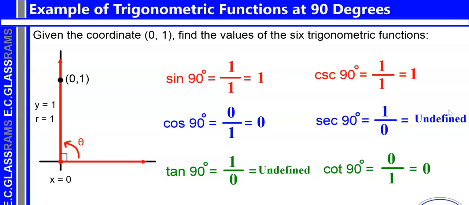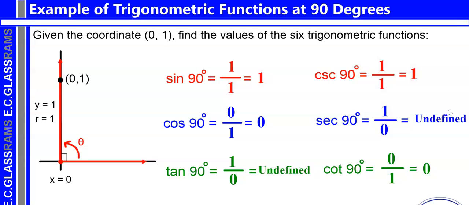So, sine of 90 degrees would be y over r, which we established as 1 over 1, which is just equal to 1. Now, nothing out of the ordinary happens until we get to tangent 90 degrees and secant 90 degrees. Because in both situations, you have 1 over 0. And as we said before, any fraction that has 0 in the denominator is undefined. So that would be the result of those 2 trig functions.